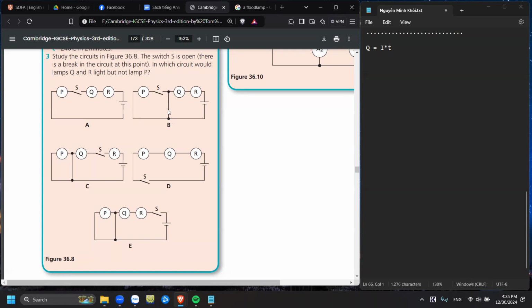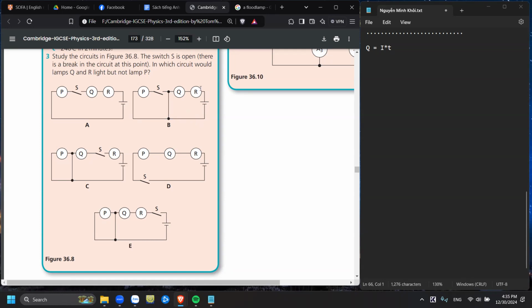All right, so for circuit B, for example, you can see that the flow can go here and then pass through here and then go back to the battery, right? So this little circuit here can act like a closed circuit. It means there will be a flow of electrons through Q and R. So Q and R will light up. However, look at this.